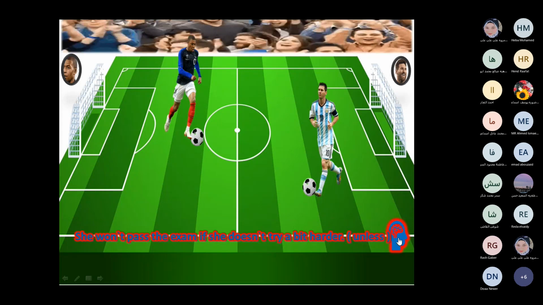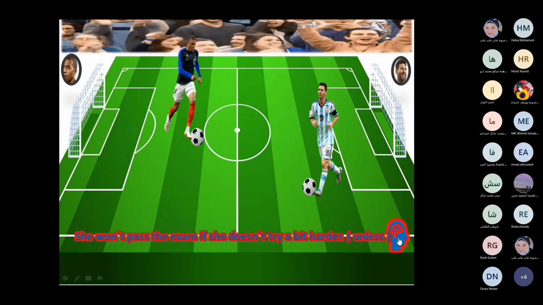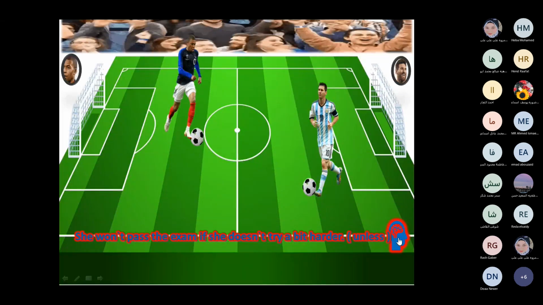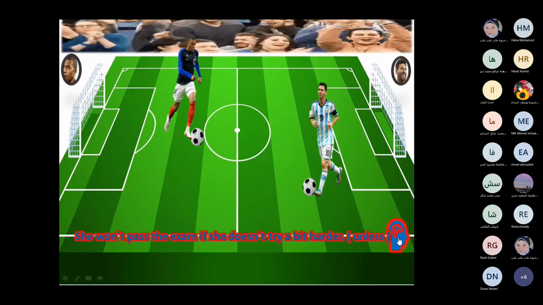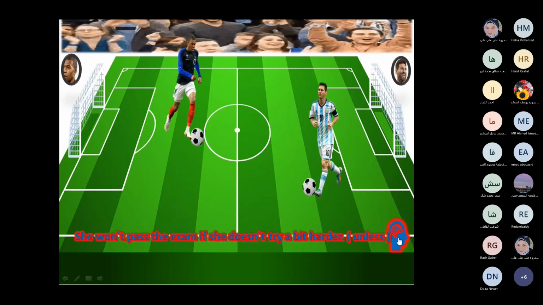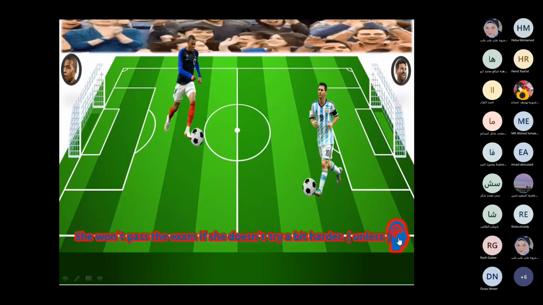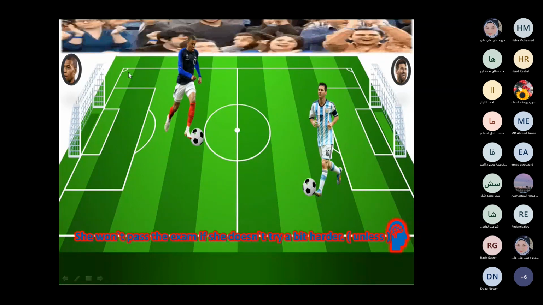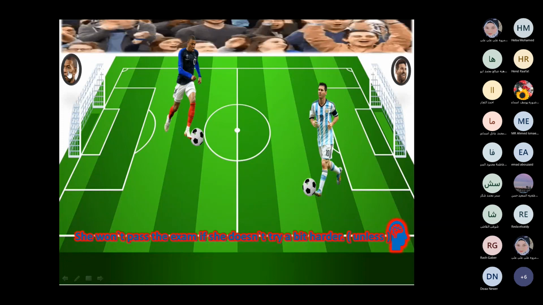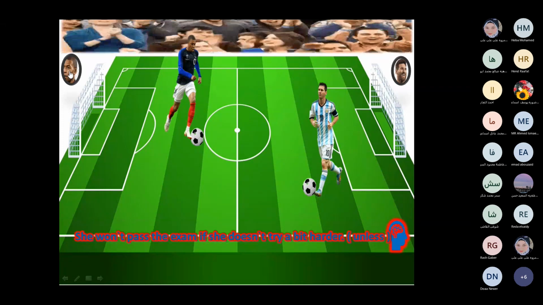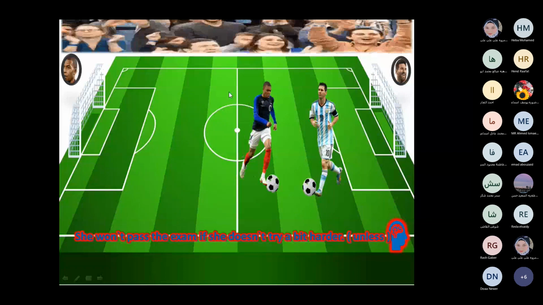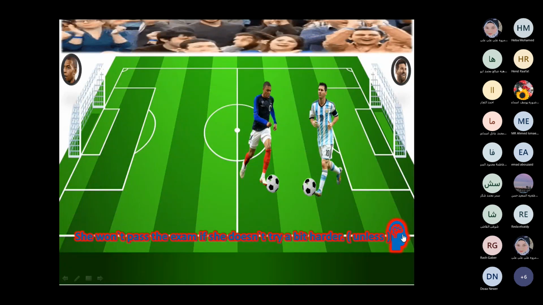She won't pass the exam unless she tries a bit harder. Excellent, good answer. And Mbappe kicks the ball again or passes the ball.